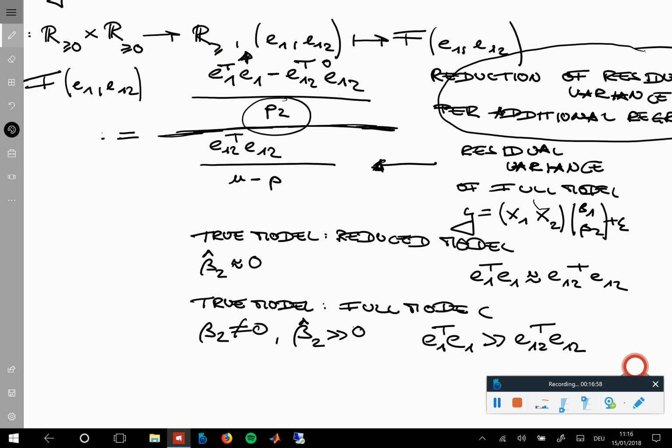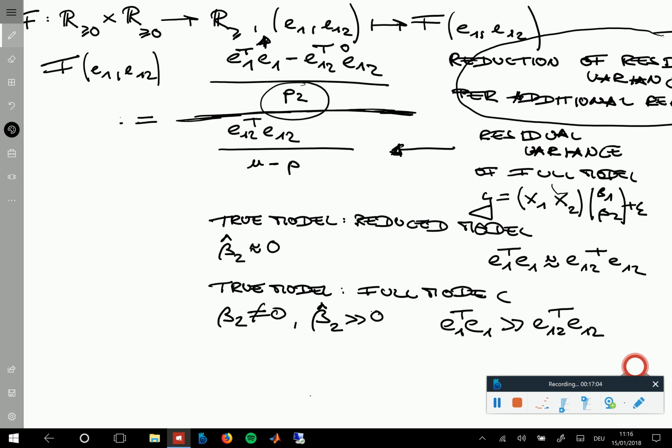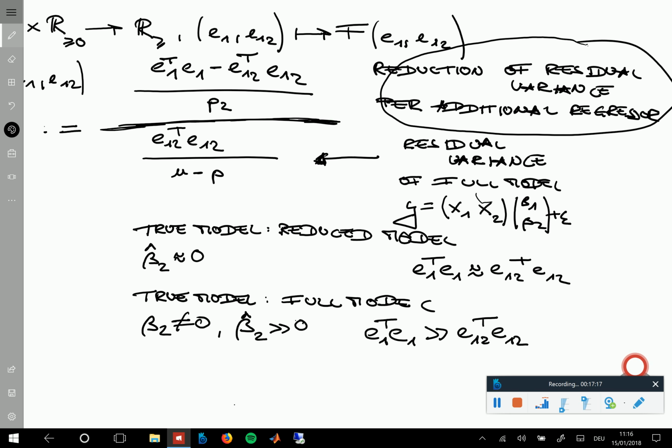Motivated from likelihood ratio tests, one comes to this formula and this expression, and then one can also interpret it as a reduction of the residual variance, of course always normalized with respect to the overall variance.